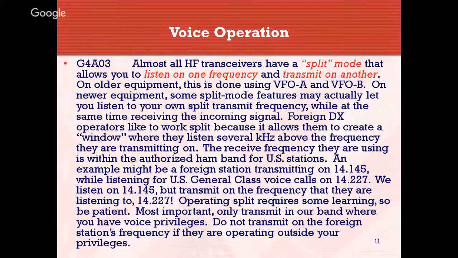Why do you want to do this? Because sometimes foreign DX stations are not allowed to operate on frequencies that you are allowed to operate in your region here. They're limited, and vice versa.